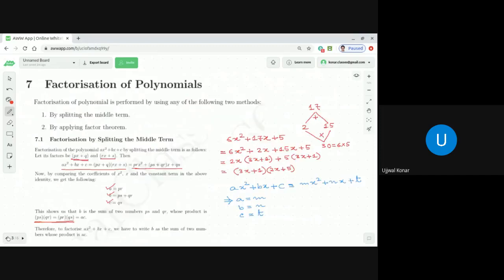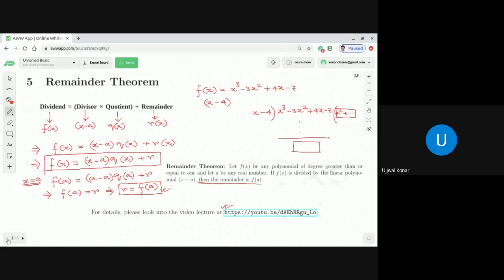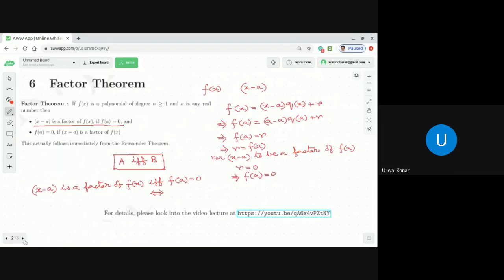So we started with the remainder theorem. Then we discussed what the remainder theorem is. Then I also pointed you to the relevant YouTube videos of my earlier classes where I described in detail the remainder theorem. Then we discussed the factor theorem, and I also explained the significance of the term IFF.